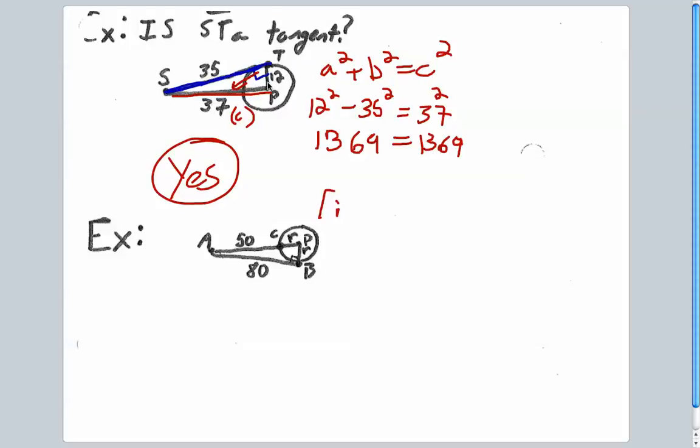So find R. Okay. To do that, once again, I'm going to use the Pythagorean theorem. AP squared, that's my hypotenuse, is going to equal one leg. How about AB squared plus PB squared?